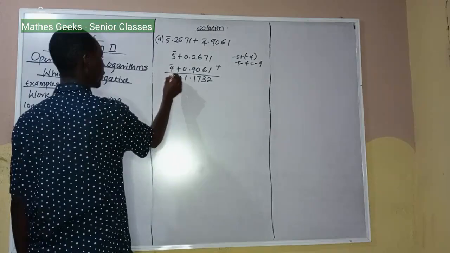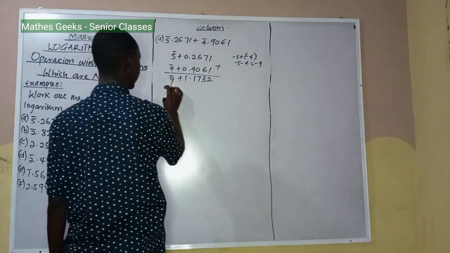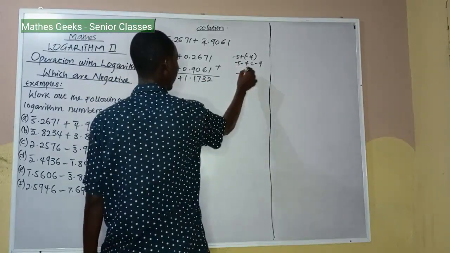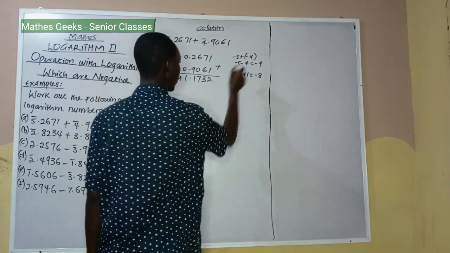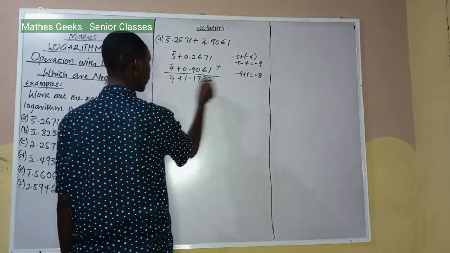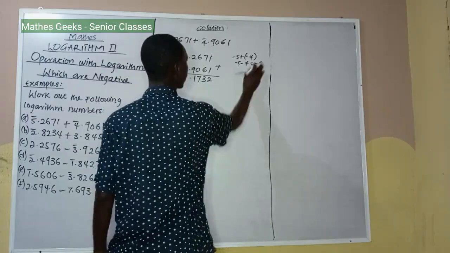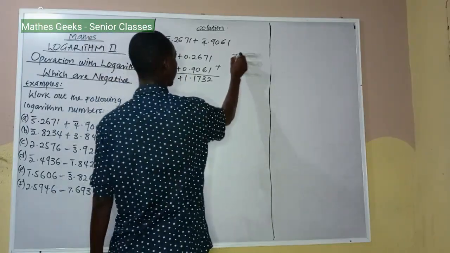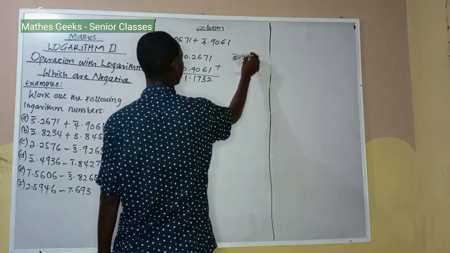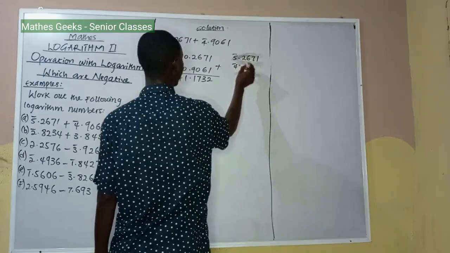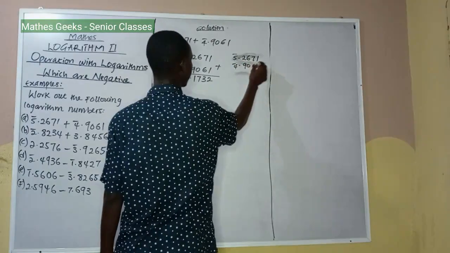Minus 5 plus minus 4 is minus 9. Okay, so bar 9. But here, we also have the carried 1 from the decimal part. So finally, we have minus 9 plus 1, which will give us minus 8. So our final answer is bar 5.2671 plus bar 4.9061.